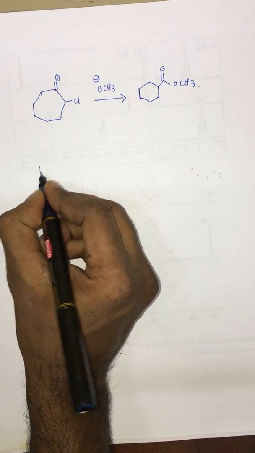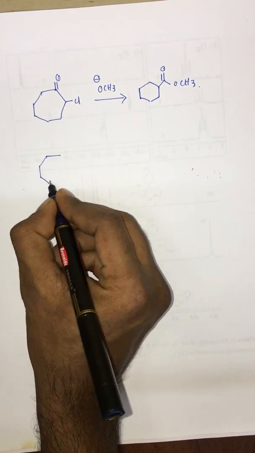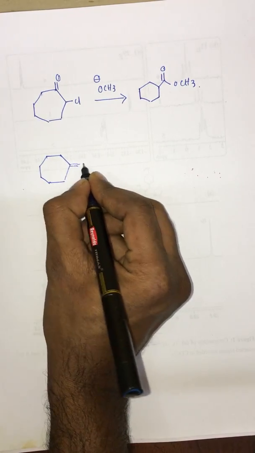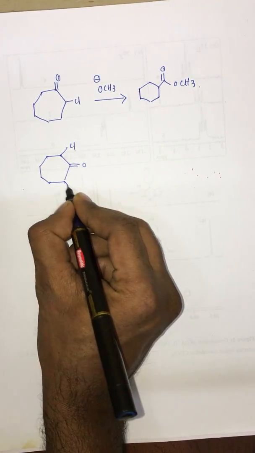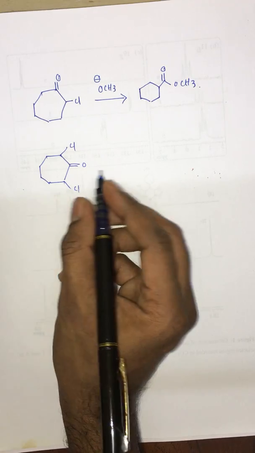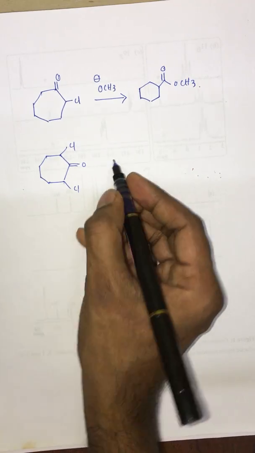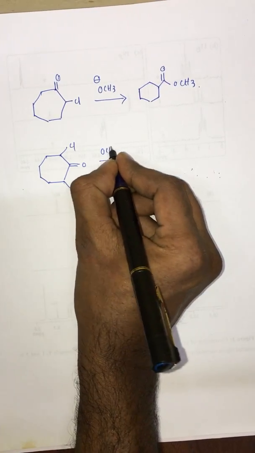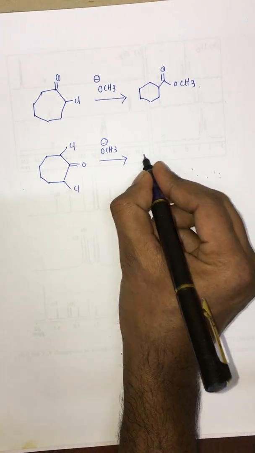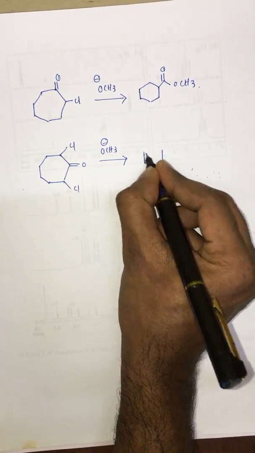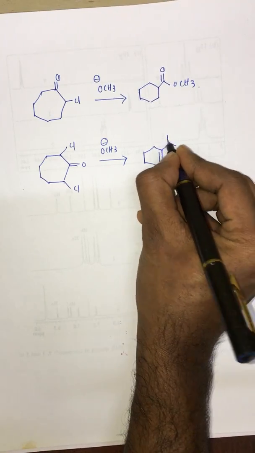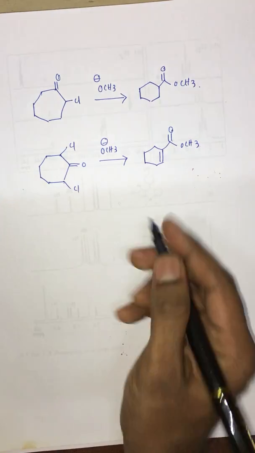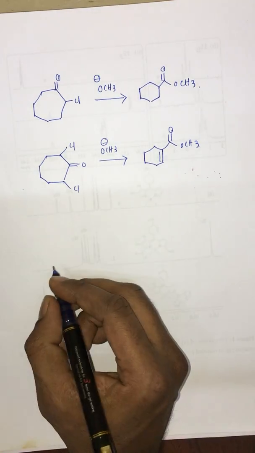Then we have the same 7-member ring, but two leaving groups there. We know that if two leaving groups are there, we will get alpha beta unsaturated esters. Here also you can practice the mechanism, whatever mechanism I have explained before.